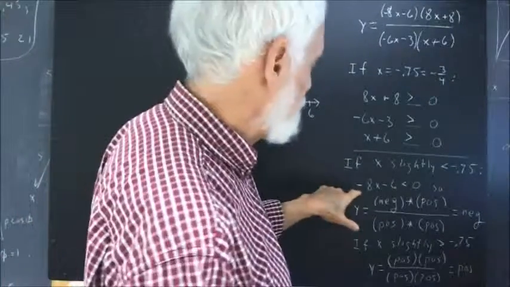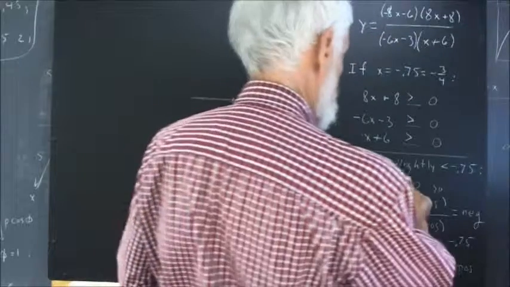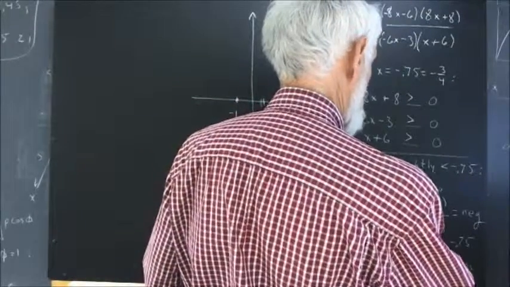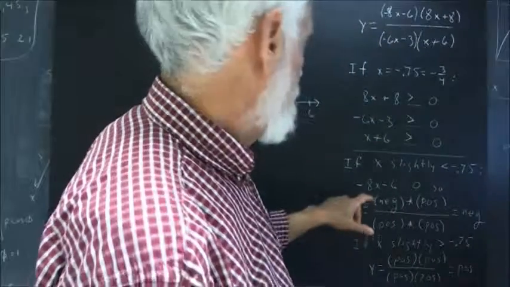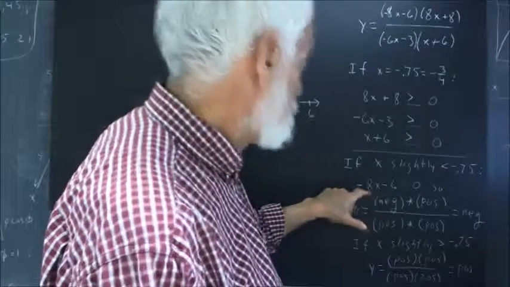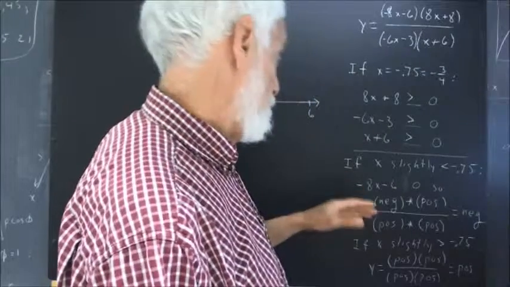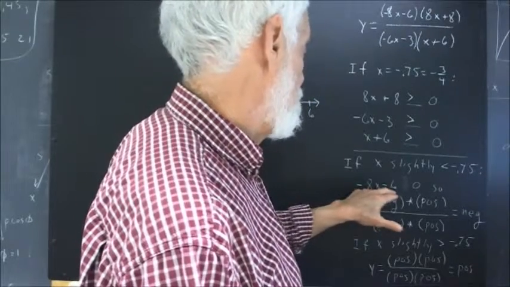Now, if x is slightly less than negative 3/4, I've got a mistake here because I didn't copy my negative, so I'm going to have to make a correction.